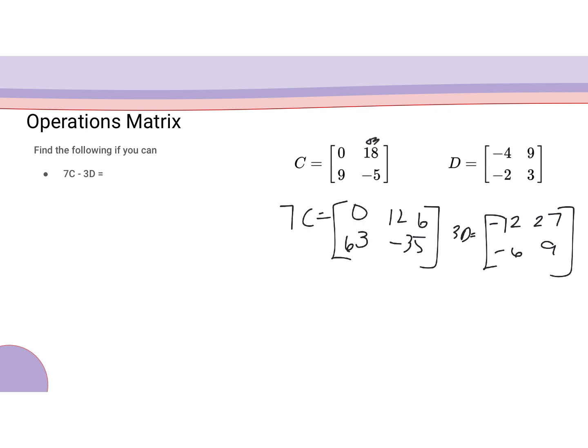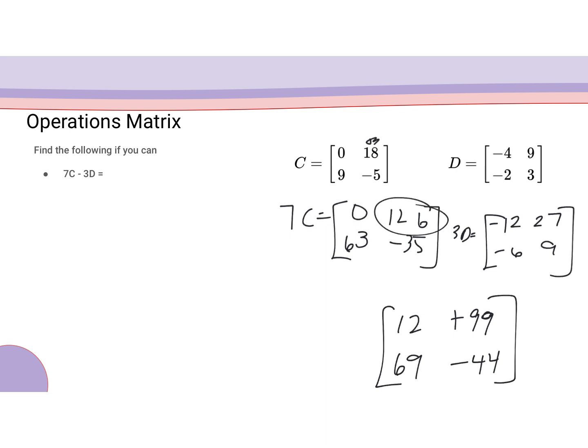And since I'm doing, man, I really like subtraction in these problems, don't I? Positive 12. This would be negative. This would be positive 99. This would be positive 69, and this would be negative 44. Okay, like I said, just double check me with that one, but anyway, I think it's pretty clear that's what we're doing.